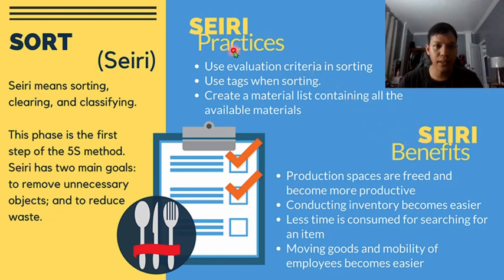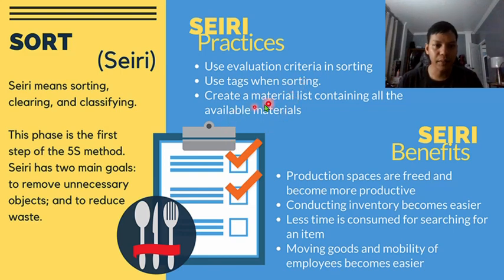So here are the practices of sorting. We will use evaluation criteria in sorting. So we need to have a guide, a listing of the criteria, and we will use tags when sorting. We need to put tags on the particular materials or things in the workplace.